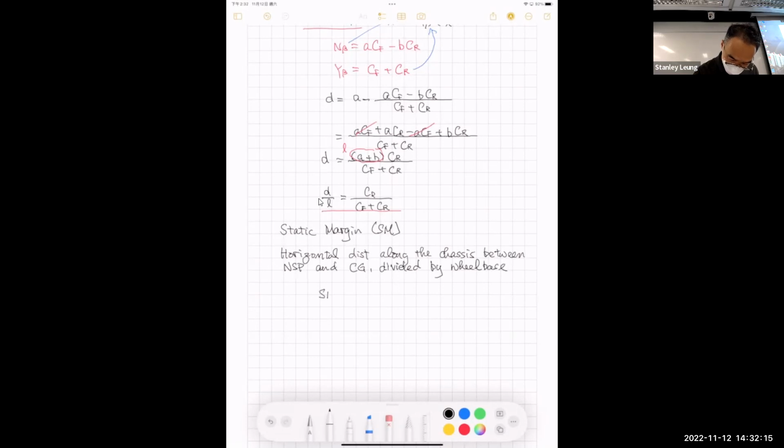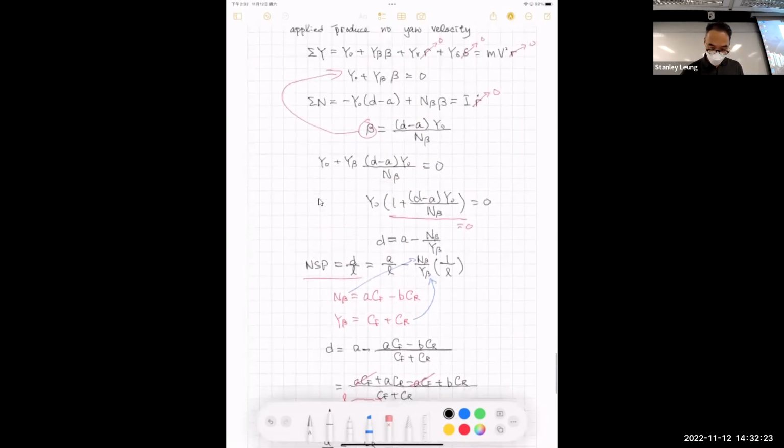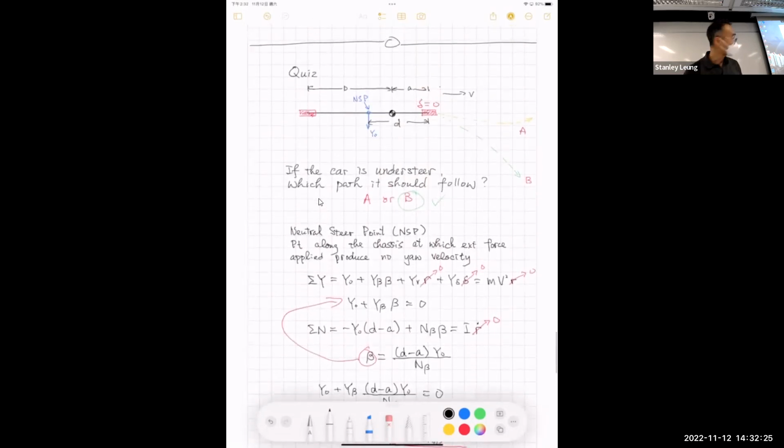By definition, SM equals D over L. So it's just this distance divided by the whole wheelbase.